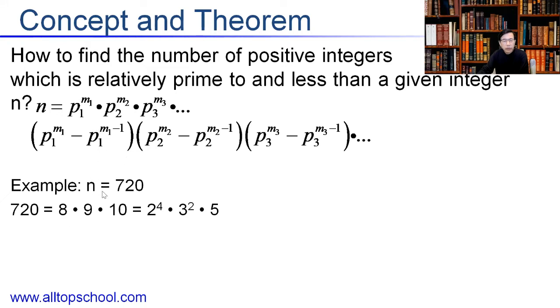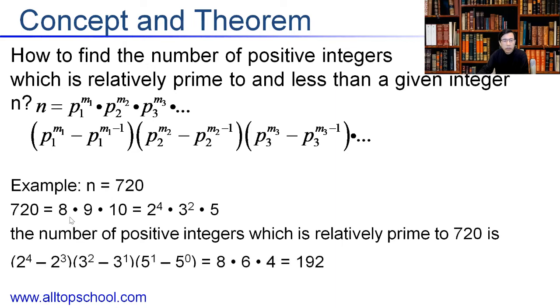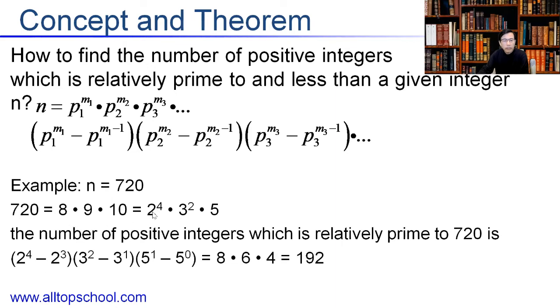Based on this, we get 2 to the 4th minus 2 to the 3rd, multiplied by 3 squared minus 3 to the 1st power, multiplied by 5 to the 1st power minus 5 to the 0 power, which is 1.